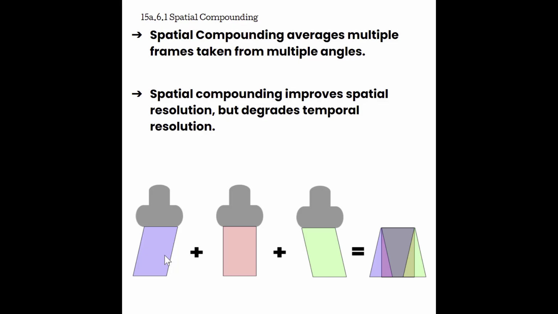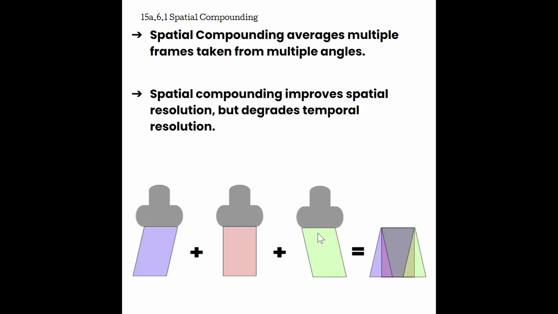Looking at this example down here then, again, the machine is creating one full frame with all the scan lines directed off to the left. It's going to scan the same anatomy again with those frames directed straight down. And then a third frame is going to be created with all the scan lines directed in a different direction.